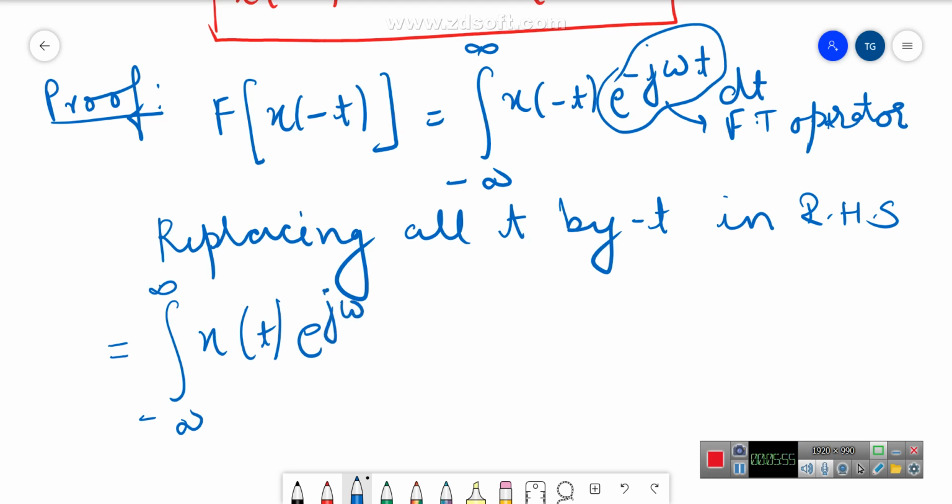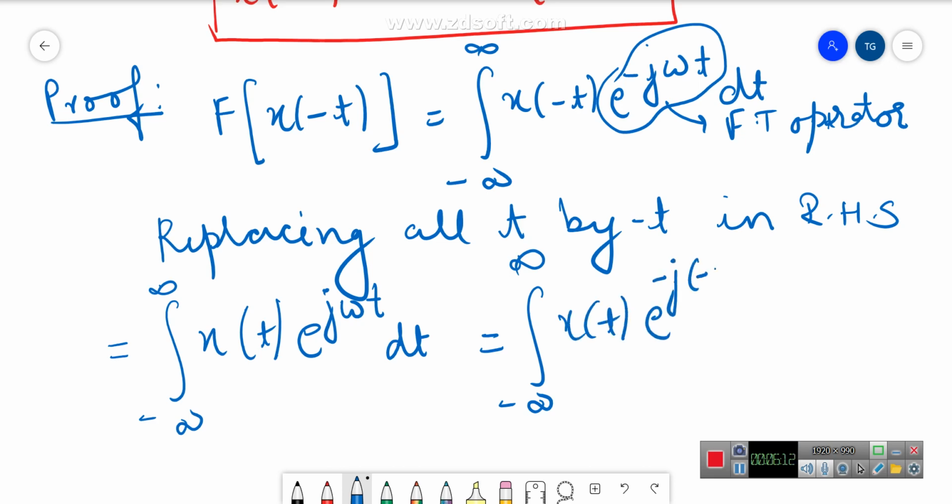So minus minus will get cancelled, and it is j omega t, and this is dt. So we can now write this as x of t e to the power minus j, here again a minus, so this is nothing but j omega t only, but we are writing it in this fashion.